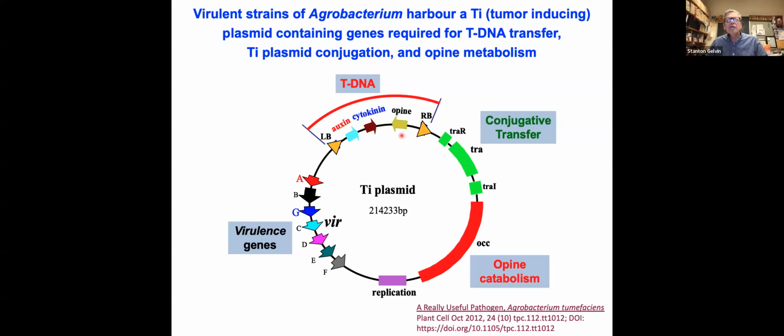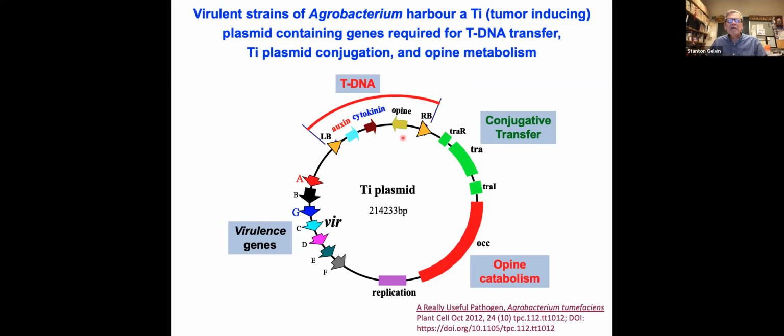They also encode the synthesis of unusual compounds called opines. There are many different types of opines, and different Ti plasmids instigate the synthesis of different opines. These opines are made from common plant metabolites, such as basic amino acids, alpha keto acids, and various sugars, but the enzymes encoded on the T-DNA put these compounds together in unusual ways to make these new compounds.